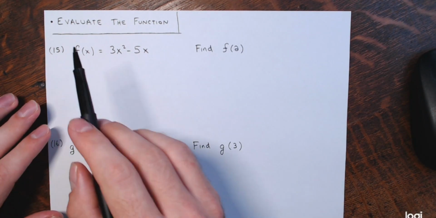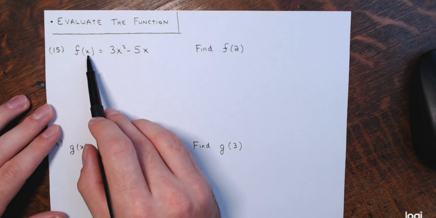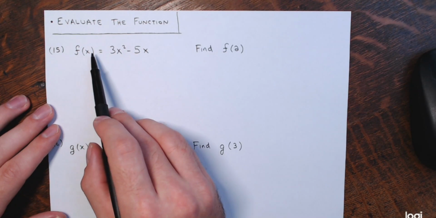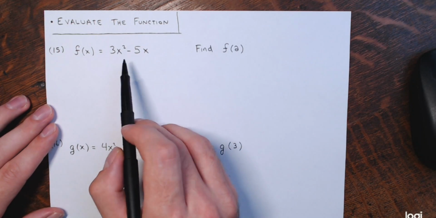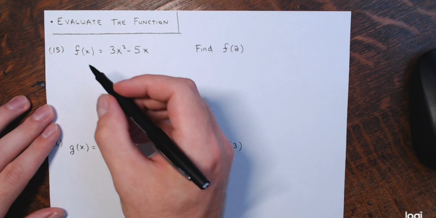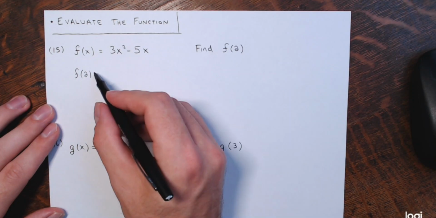So number 15, the function's name is little f, and what it does, it takes whatever the input is, squares it, multiplies it by 3, and subtracts 5 of it to get the output. We're asked to find f of 2.